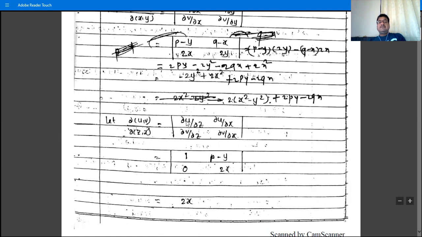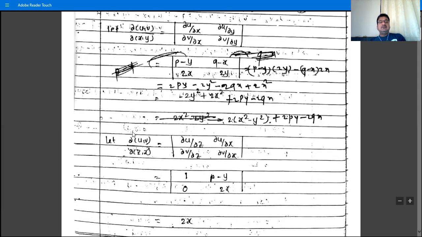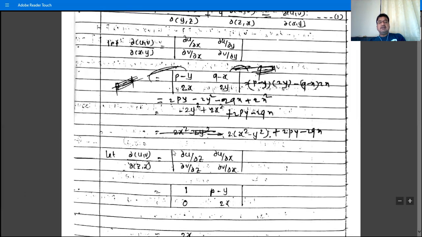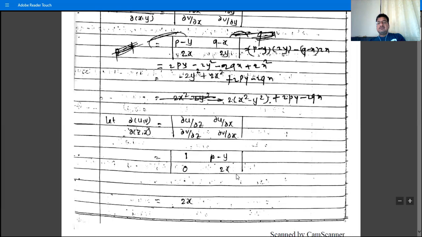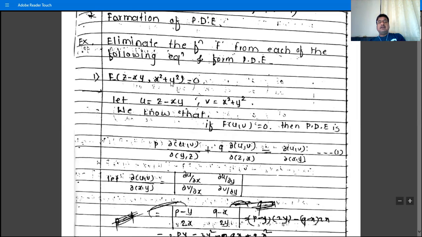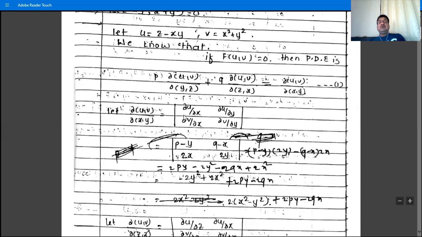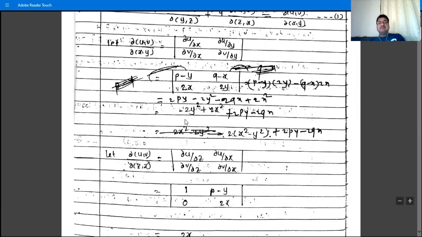Okay. Similarly, the Jacobian ∂(u,v)/∂(z,x) is what? It is the determinant with ∂u/∂z, ∂u/∂x, ∂v/∂z, ∂v/∂x. ∂u/∂z is 1, because the derivative of z with respect to z is 1, and the derivatives of x and y with respect to z are 0, since x and y are independent variables.